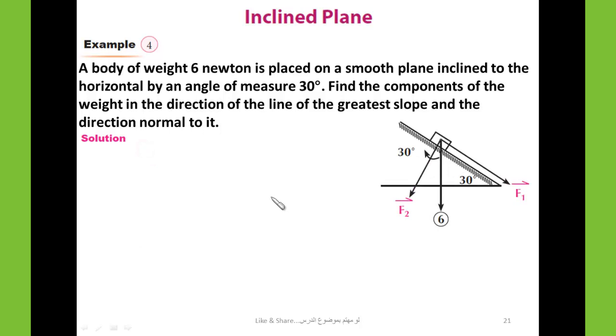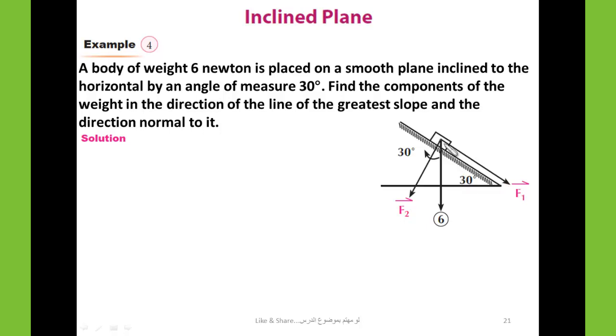Solution. First, we draw a figure to simplify this problem. We have the weight 6 Newton placed on an inclined plane, which is inclined to the horizontal with an angle of measure 30.